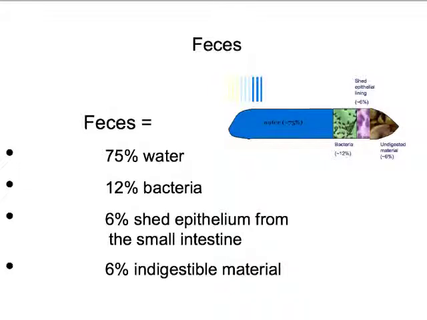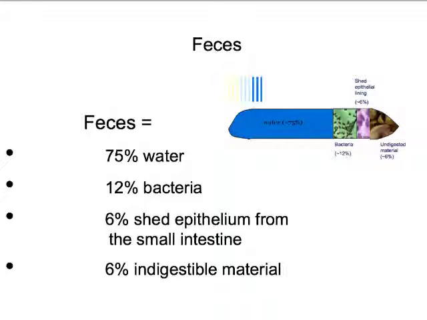Okay, so when it gets to the end of the alimentary canal, feces is going to be made up of actually 75% water. Which is kind of amazing because there's already been a lot of water absorbed by your body. But poop is still made out of about 75% water. 12% is bacteria, 6% is shed epithelial cells, basically shed small intestine cells.